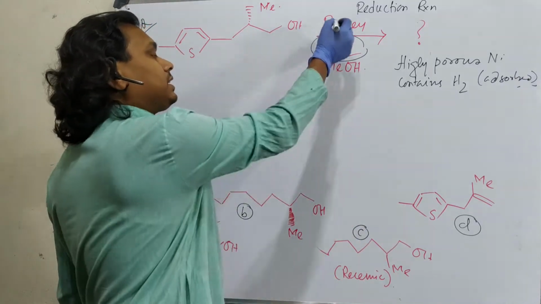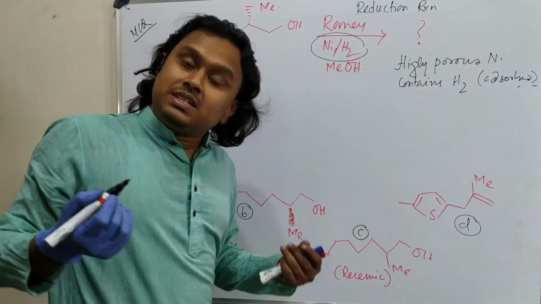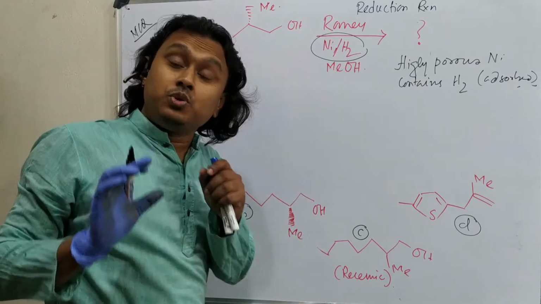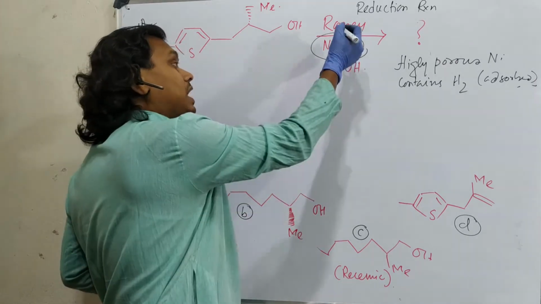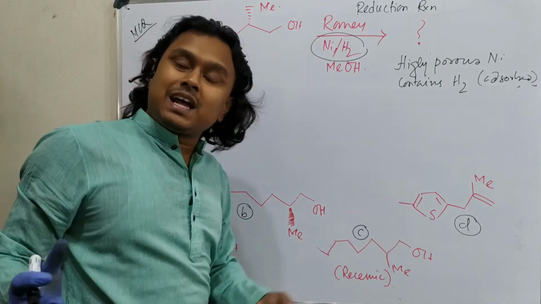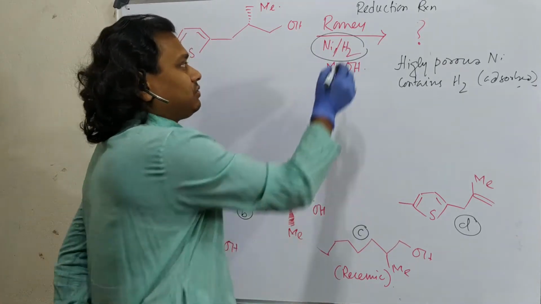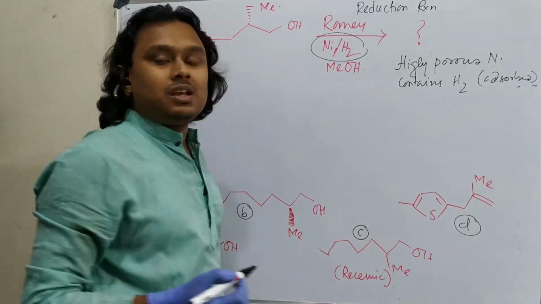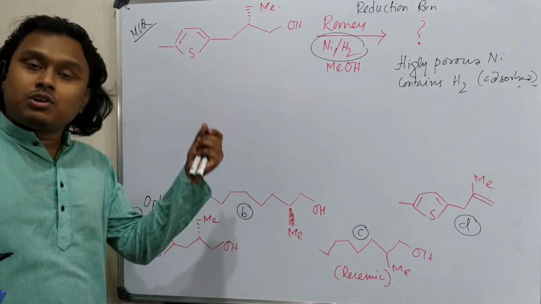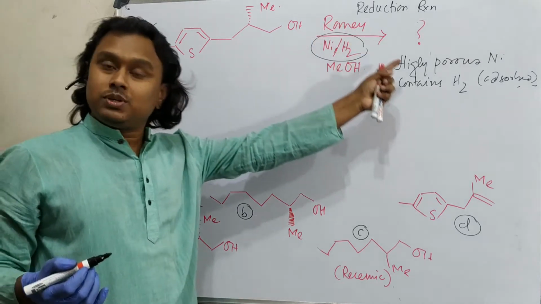You can take this reagent itself contains, adsorbs a huge amount of hydrogen. So you can use along with that hydrogen, excess hydrogen gas or not, but it will act. And by the way, if you use directly this Raney nickel for reaction, the catalyst will be deactivated.